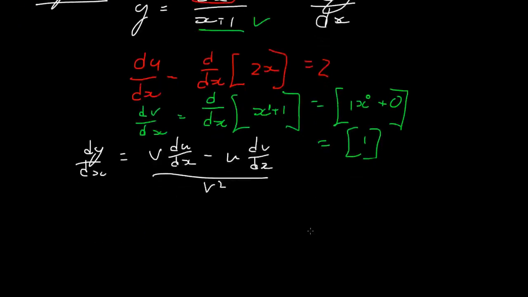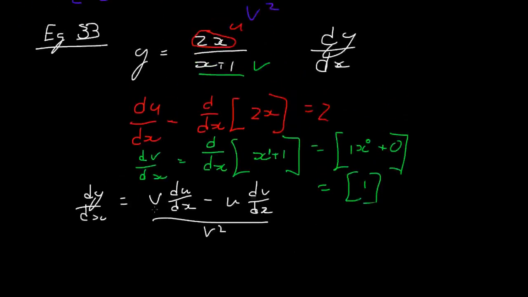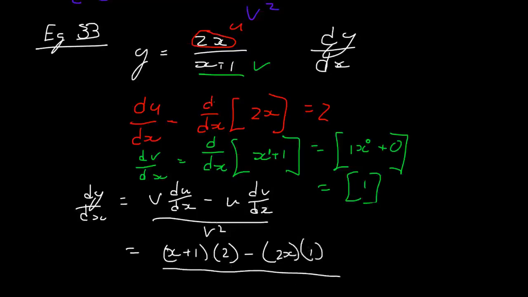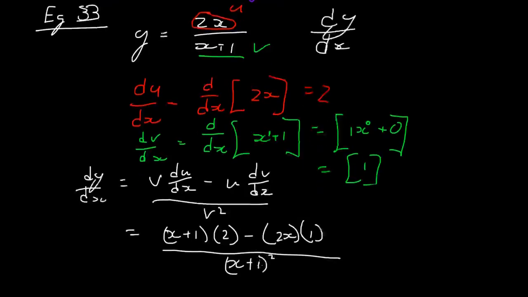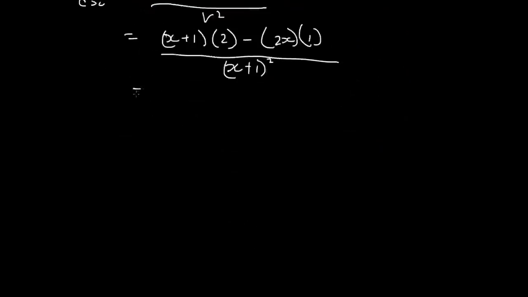Okay, and if we substitute our values in, we know what v is. v is x plus 1. du by dx is 2, minus u, now u is 2x, dv by dx is 1, over v squared, which is x plus 1 all squared. Okay, so now we can just multiply it out and we've got a derivative.